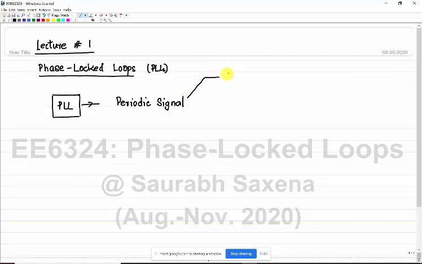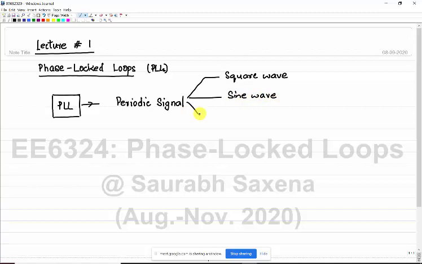You can have a square wave which has a certain time period. You can have a sine wave which also has a certain time period.